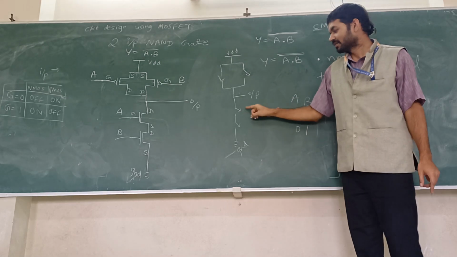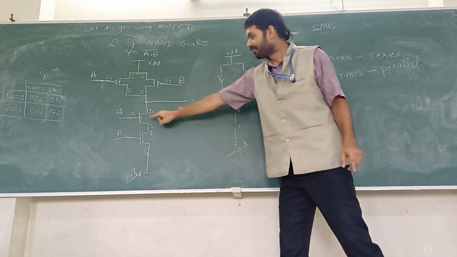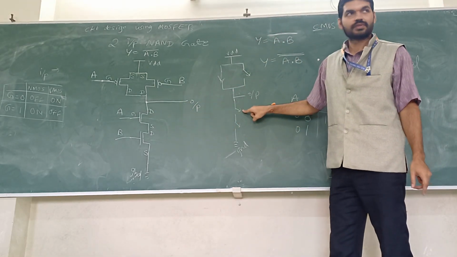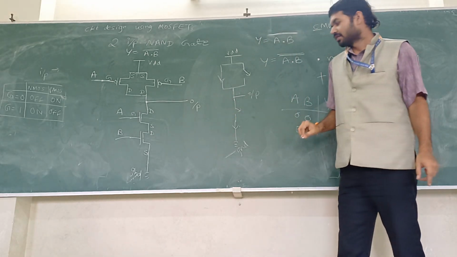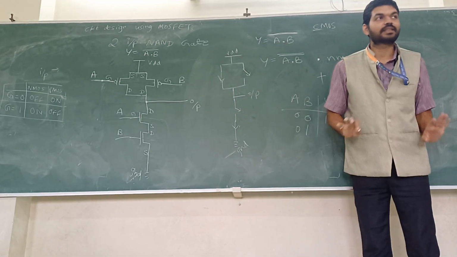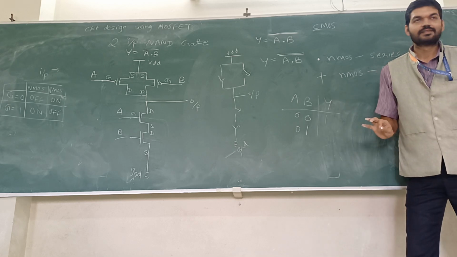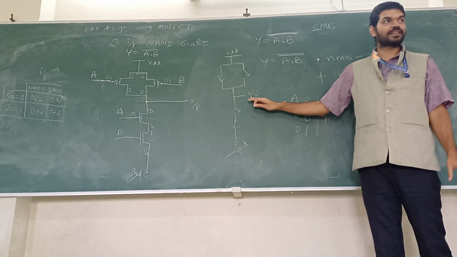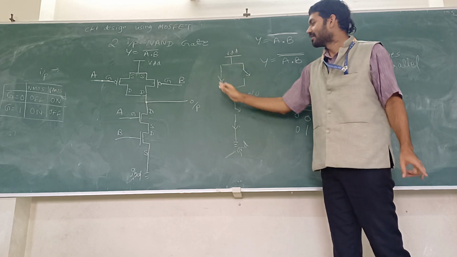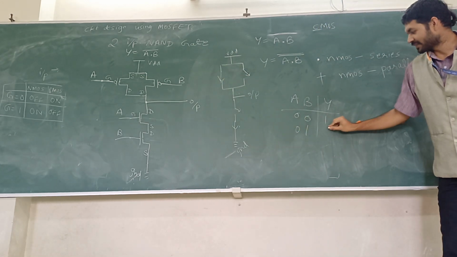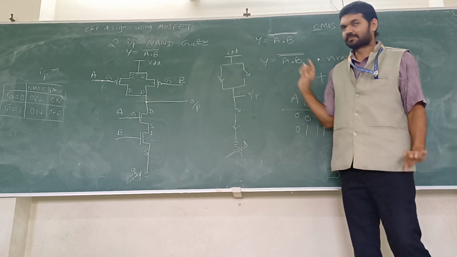Next, A is 0, off. B is 1. Now check where the output is connected. Output is connected to VDD. Correct? So output is connected to VDD, therefore output is 1.